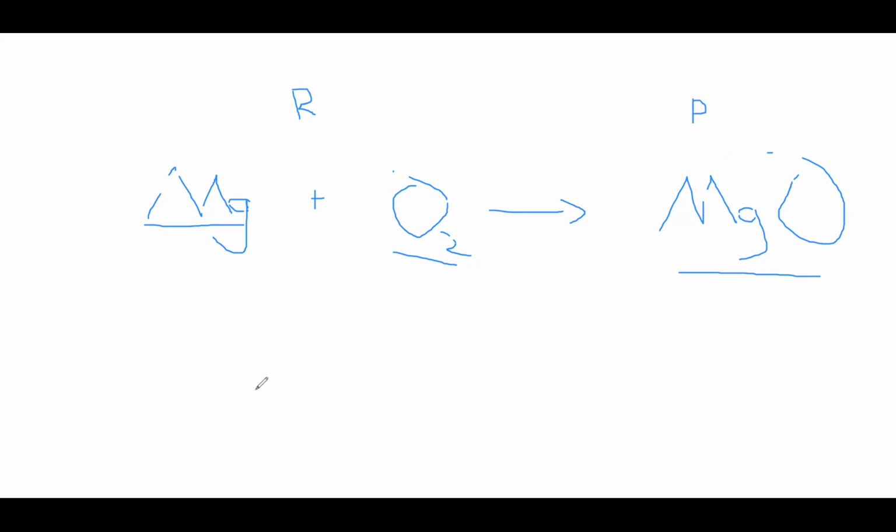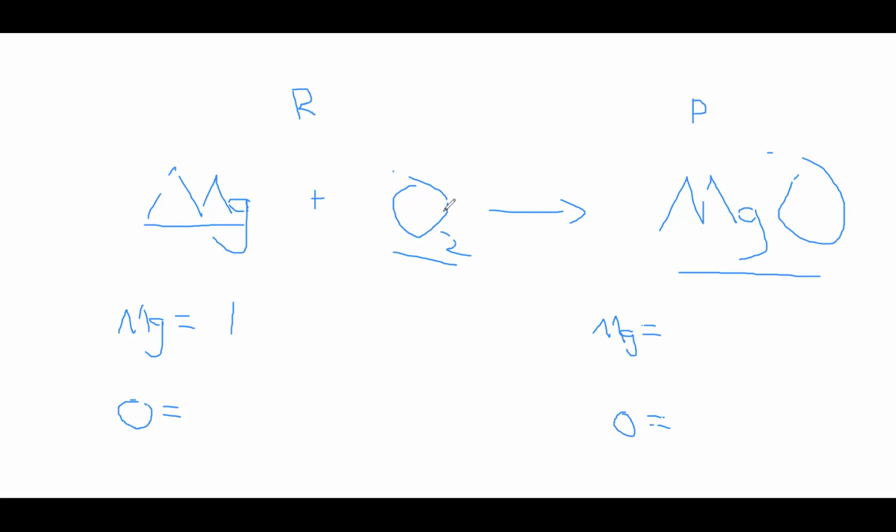So in the space below here, I like to write out my little table. So we have Mg's and O's in the reactants and Mg's and O's in the products. So I look over at my reactants and it looks like we have one Mg atom to start with. So I'll put a 1 right here.